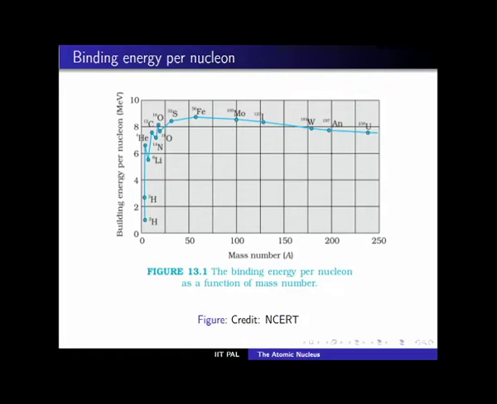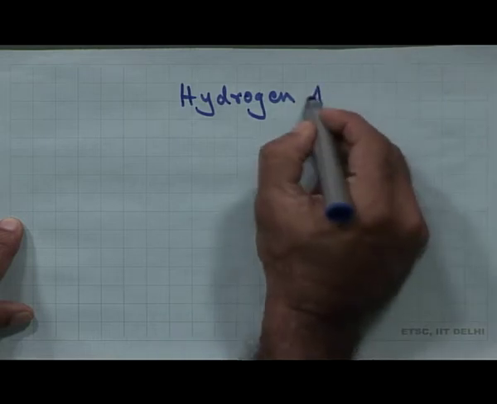Now, what is the binding energy? Binding energy is a rather complicated concept, because suppose you give me a nucleus, or for that matter an atom, what is it that we do? This is a very interesting exercise that you can do. Let us start with the hydrogen atom.